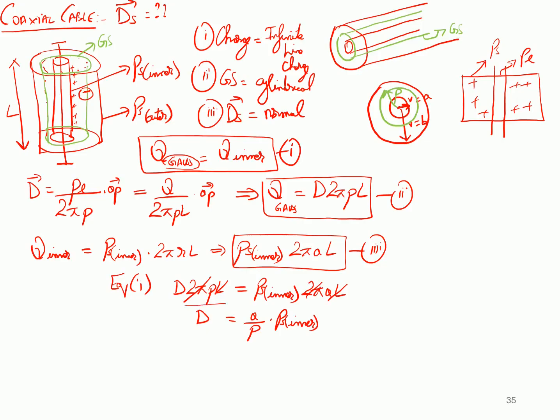So this is the electric flux that is existing between what? It is existing between the inner conductor and the Gaussian surface.